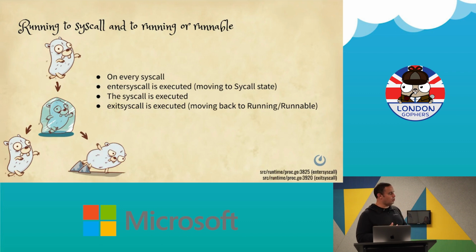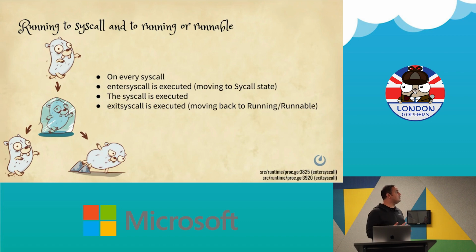And whenever the syscall exits, if the syscall was fast, it's going to move back to running again. So it's going to be able to keep running in the same process without giving the control to another Goroutine.